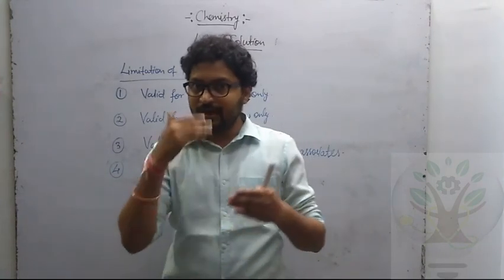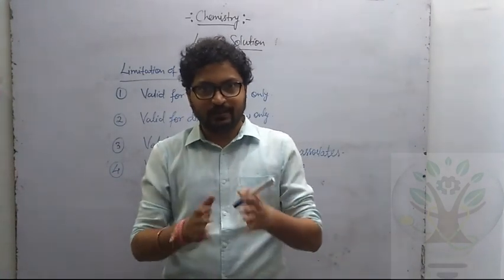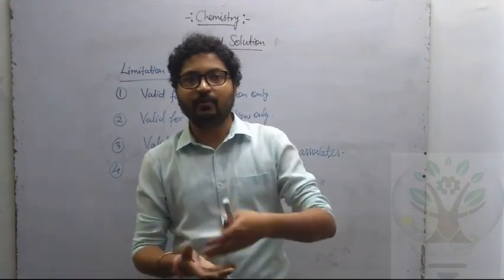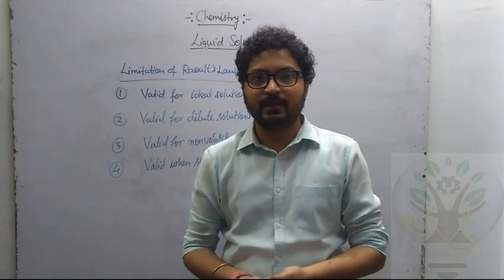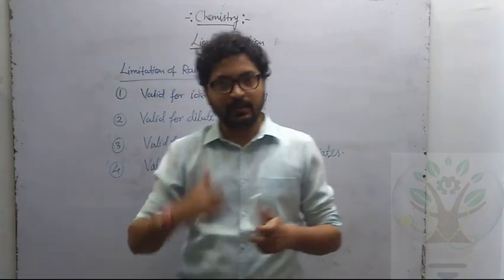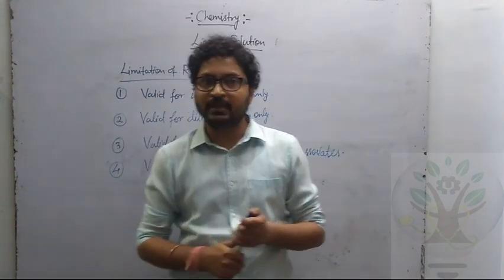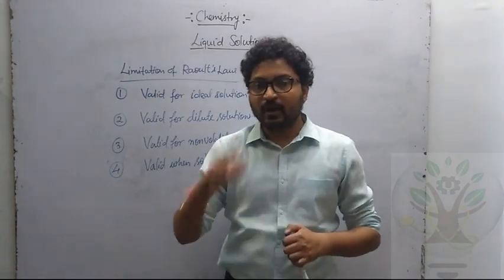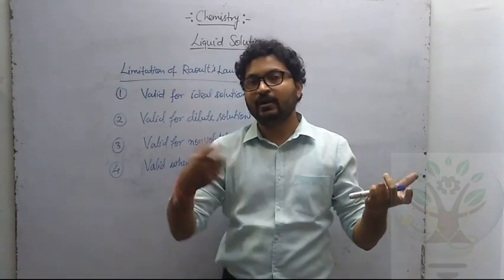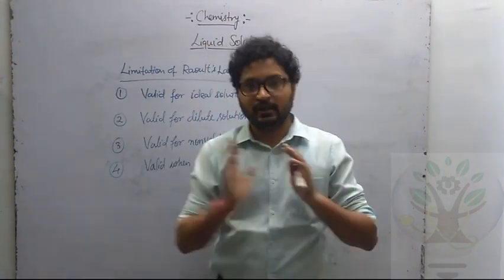Raoult's law and Dalton's law go hand in hand; they are complementary to each other. Raoult's law is applicable in the liquid state and Dalton's law is applicable in the gaseous state. So if you have to work in the gaseous state, you go for Dalton's law. If you have to work in the liquid state, you go for Raoult's law.